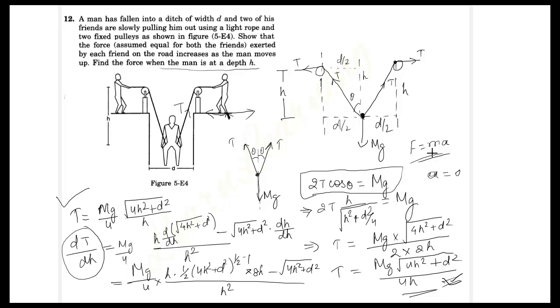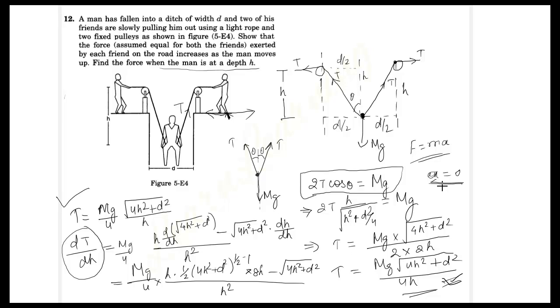We are assuming here that the acceleration is actually 0 in this case, because we assume that the friends are pulling the man up very slowly and at constant speed, and they are not giving more force to bring him up with an acceleration.